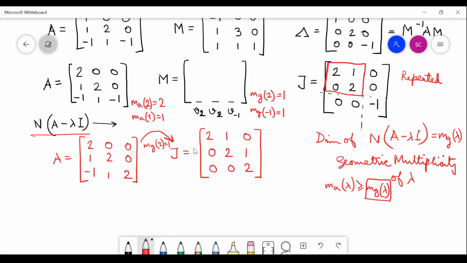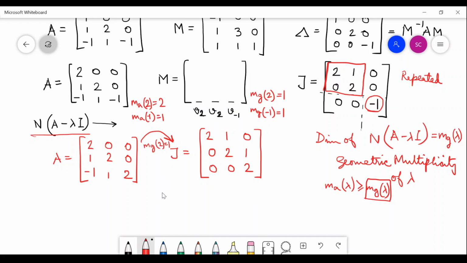So I have to place one Jordan block and 3 eigenvalues. So the Jordan block will look like this, and it completely forms the Jordan form because there are no other eigenvalues to be placed. Here in this case there was another eigenvalue to be placed. So I hope you have got this one.